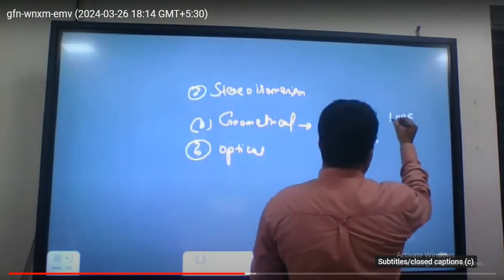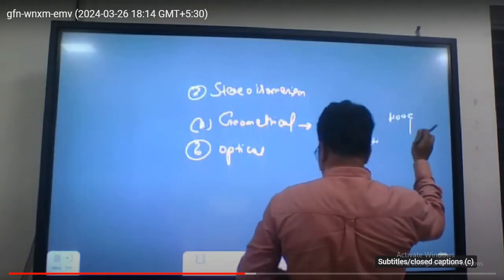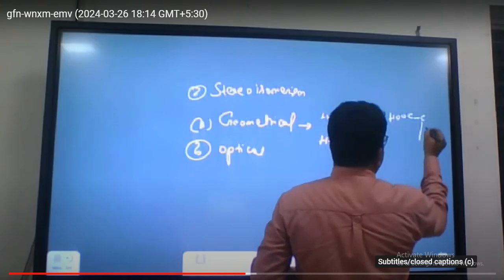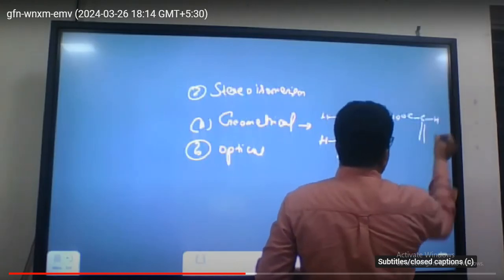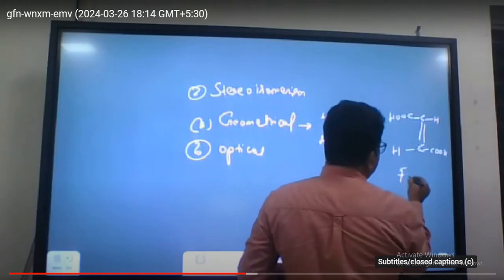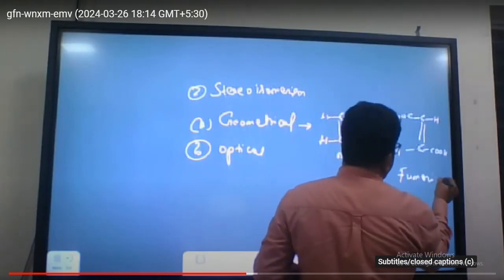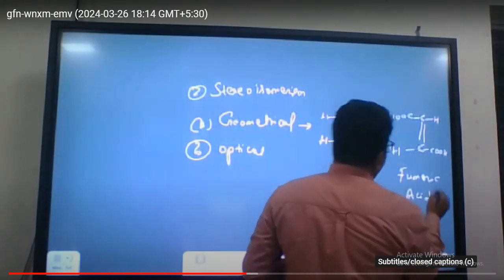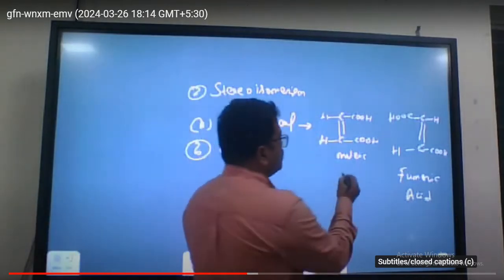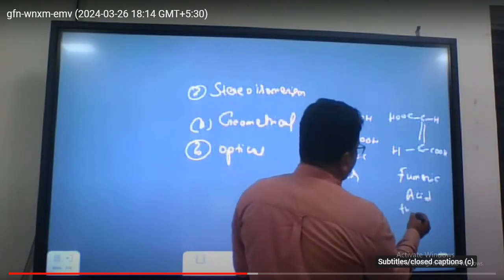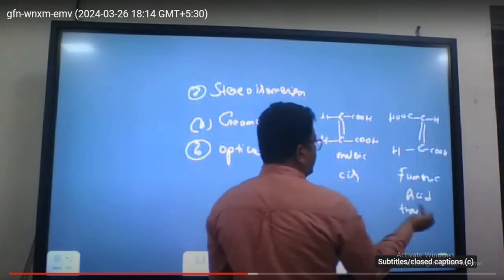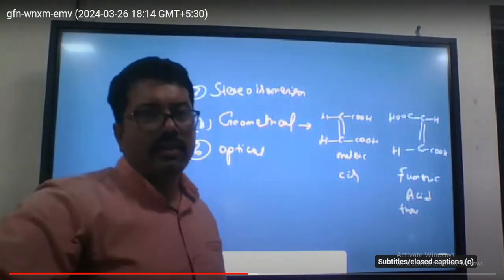Another one is trans, fumaric acid. So this is geometrical, cis and trans. Same side is cis. Opposite side is trans. This is called cis and trans.